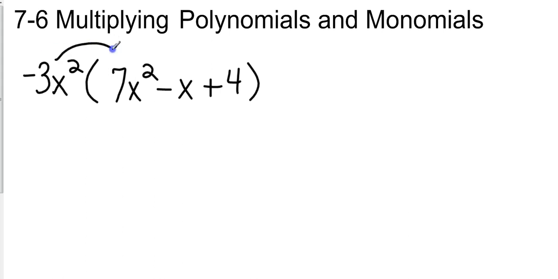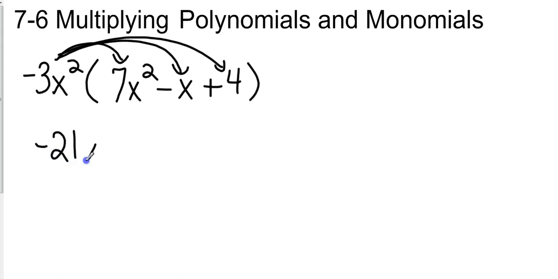I'm going to take that negative 3x squared and I'm going to multiply it by each term of my polynomial. So let's just take the numbers. Negative 3 times 7 is going to be negative 21. X squared times x squared is going to be x to the 4th. Now, what's the number in front of the negative x? That's a negative 1. So negative 3 times negative 1 is going to be positive 3.